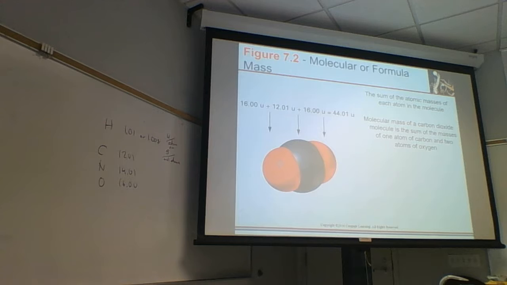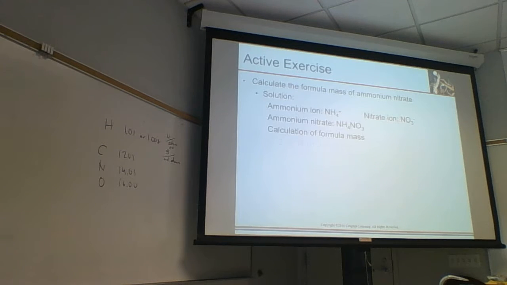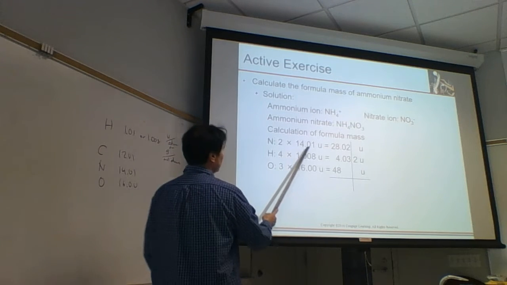Okay, so we did ammonium nitrate. It's an ionic compound. They did something bizarre here. What are they doing here? They're creating extra work, I think. If we look at nitrogen, that's fine, 14.01.